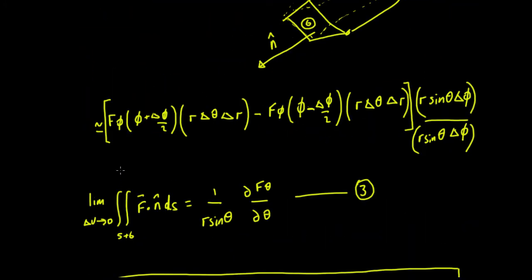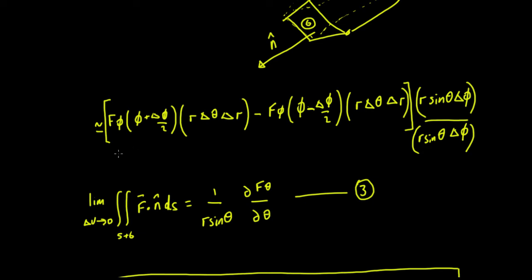Okay, so we do the same on the opposite face as well. We're adding phi minus delta phi upon 2, and you'll note we do the same trick here again. In order to get this into the terms of a volume, we're going to have to multiply by r sine theta delta phi upon r sine theta delta phi.